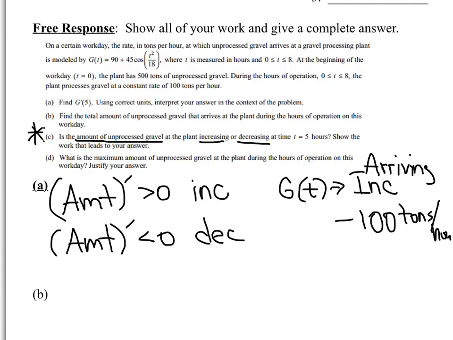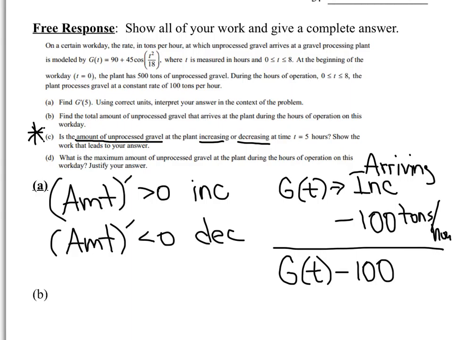So the total rate of change would be the rate of change of gravel arriving, take away the rate at which it's being processed. So this would be the rate of change for the amount of unprocessed gravel at the plant. So if I want to decide whether the amount is increasing or decreasing, I just need to look at the value of this rate of change at 5.